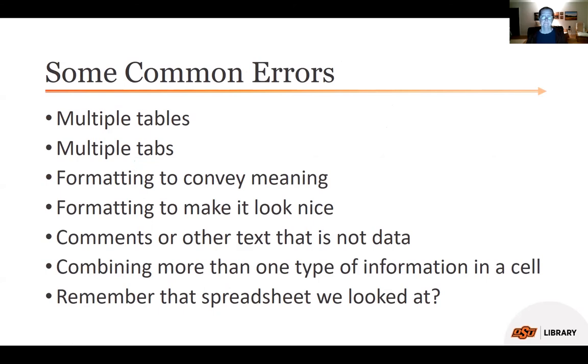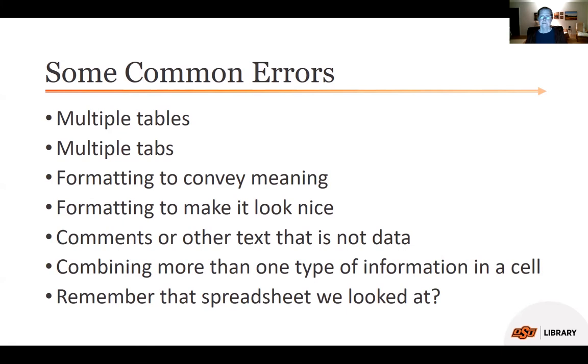The columns of statistical data were one set of data, but then there was also the small table that had the number of samples and standard deviation, as well as the summary table. There were multiple tabs.